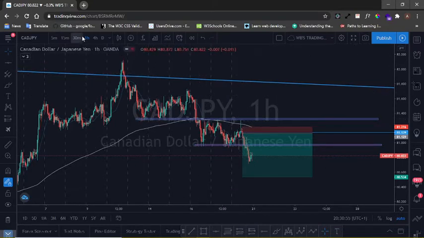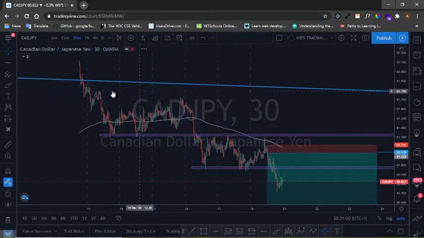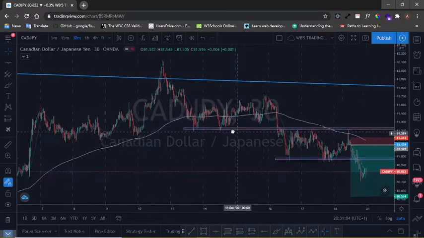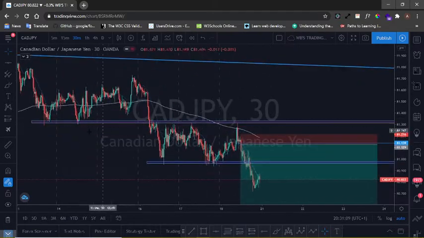Moving to the 30 minutes time frame, nothing much on the 30 minute time frame. Still the same analysis. You can see the same head and shoulders pattern, and the support area turned resistance.